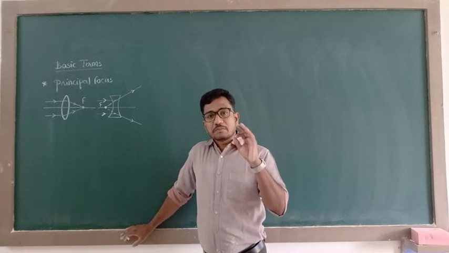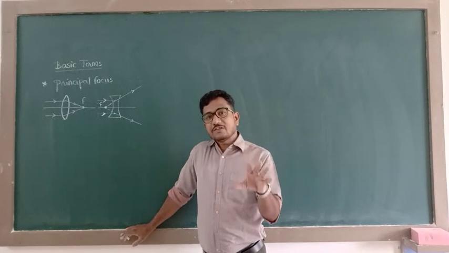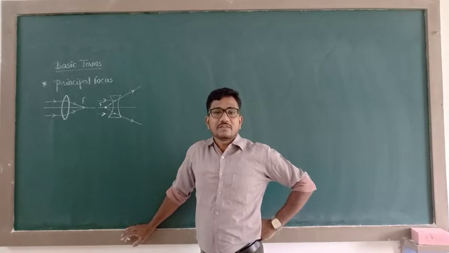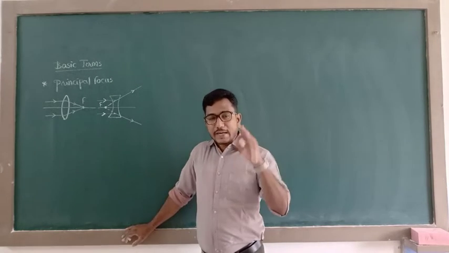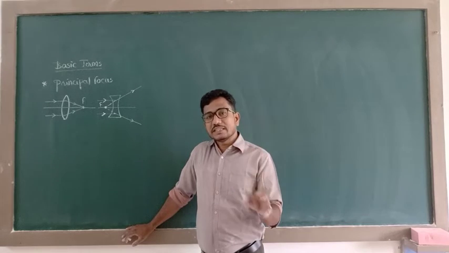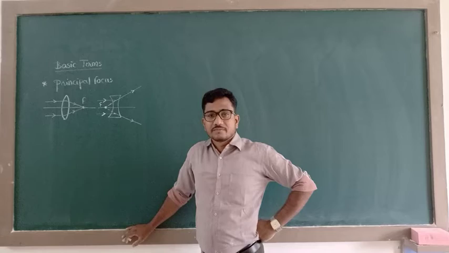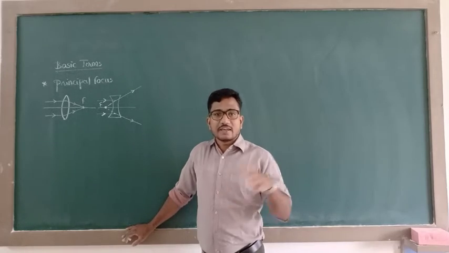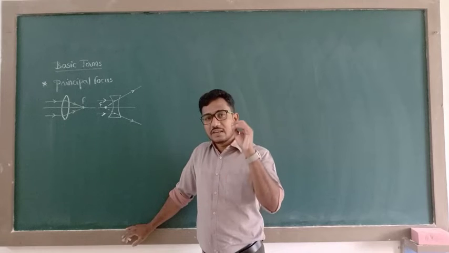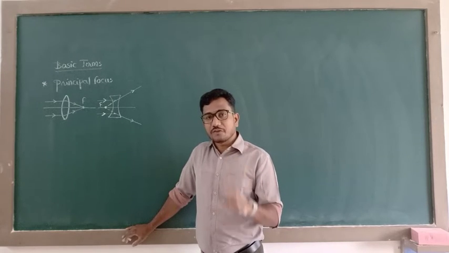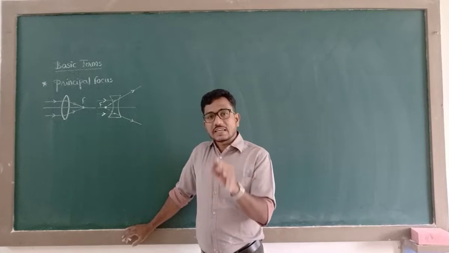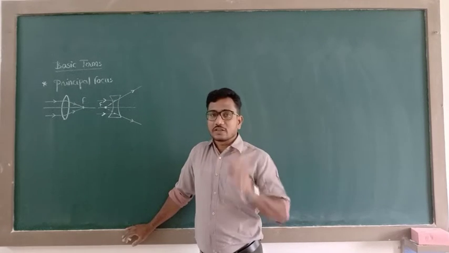If the principal focus is on the side of a real object, that principal focus is known as the primary principal focus. Another side is known as the secondary principal focus.